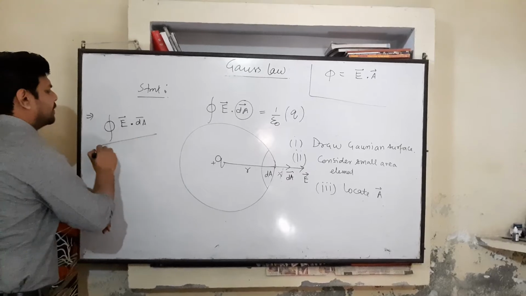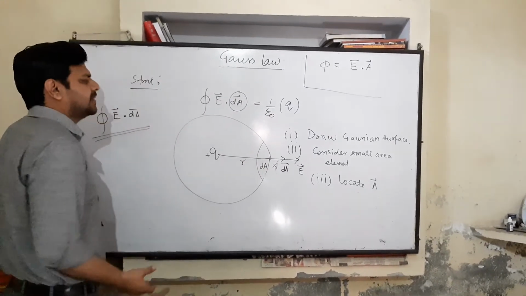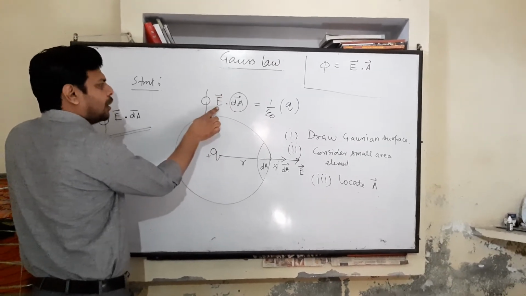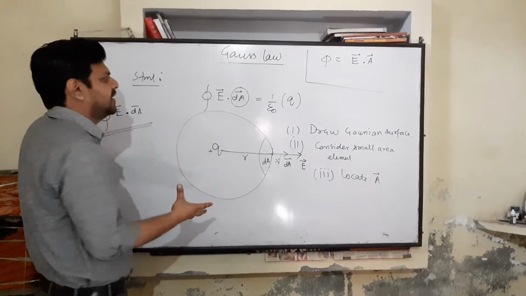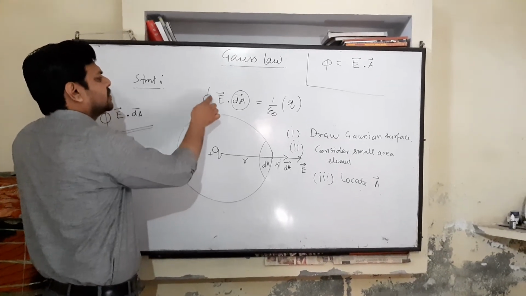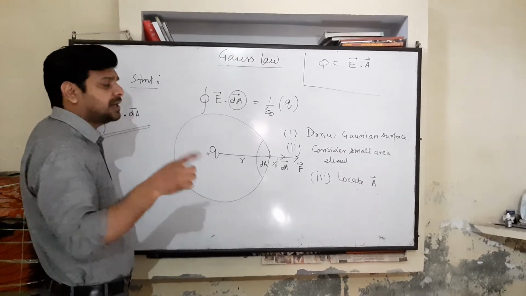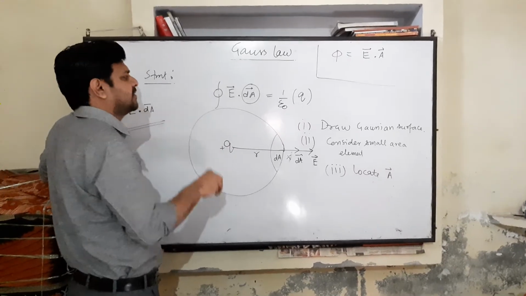So the LHS will be the surface integration of electric field over a closed Gaussian surface. You must mention it: not only a surface, but a closed Gaussian surface.